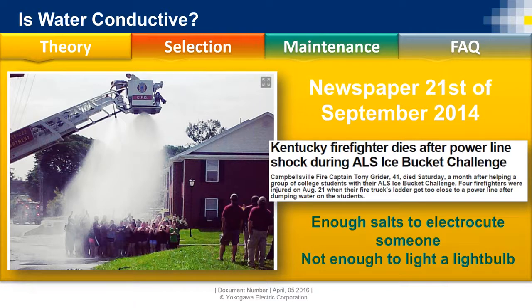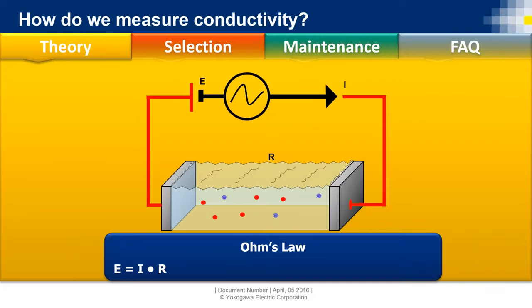Unfortunately, the firefighters in Kentucky did a huge ice bucket challenge, and the water vapor itself, just the vapor, made contact with the power cords hanging above them. That current from the power cords traveled all through the water vapor, all through the water ions, and a firefighter was electrocuted. So we just have to be careful when we have water and electric currents.